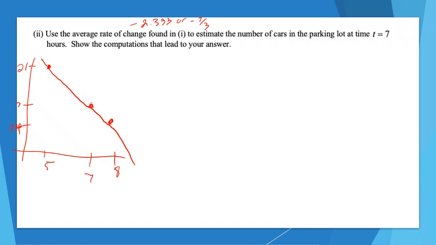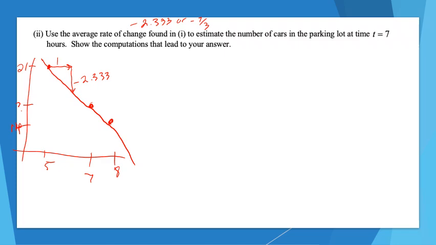What is this value going to be? So start at the point 5, 21. What our slope means is every time we move 1 unit to the right, we are actually moving down 2.333 units. That is, by definition, what slope is, which is why we tried to find it in part 1, or I.